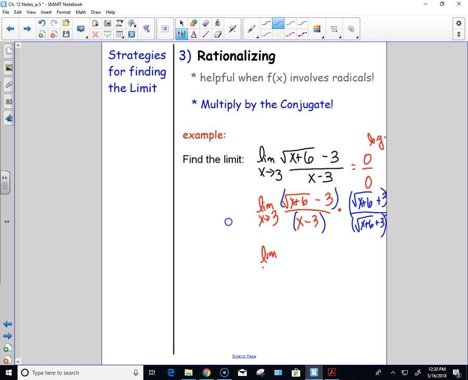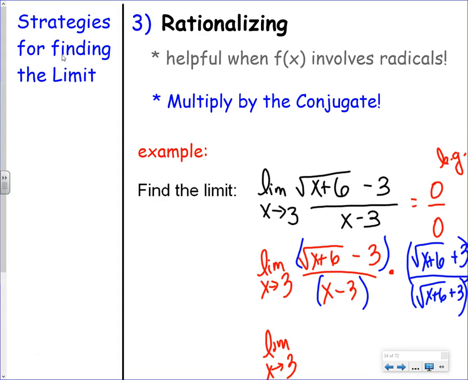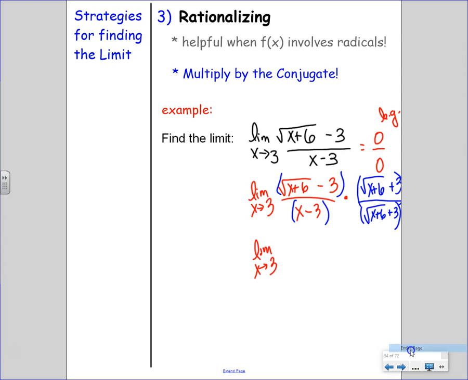Now, here's something to remember, and we did a quick little reminder in period 2, and I think it helped. Let's make this a little bit bigger. I reminded real quick that conjugates with their originals are always going to make a difference of squares.